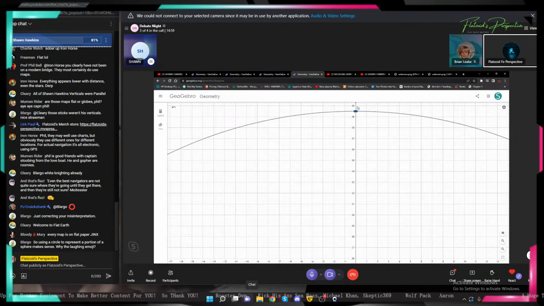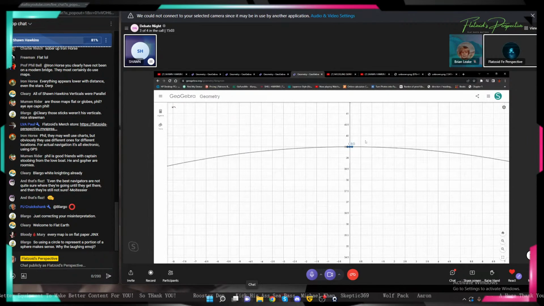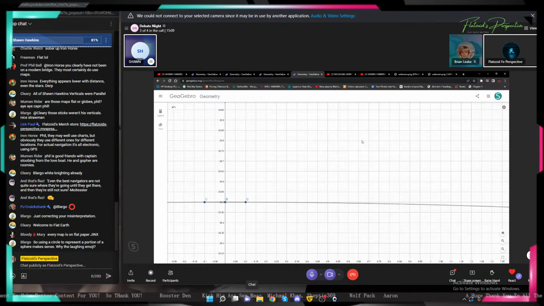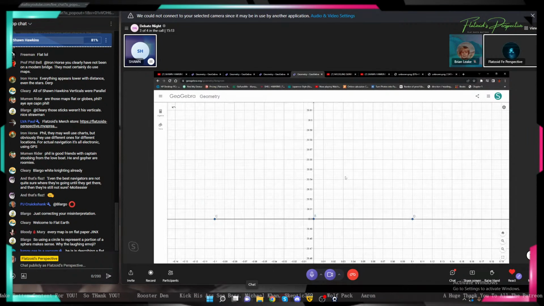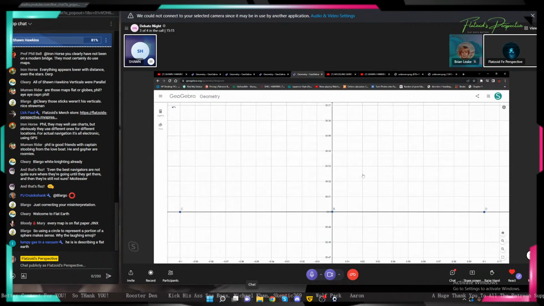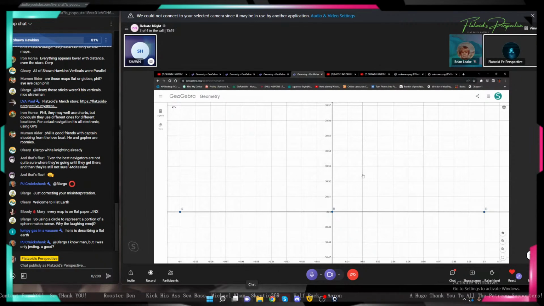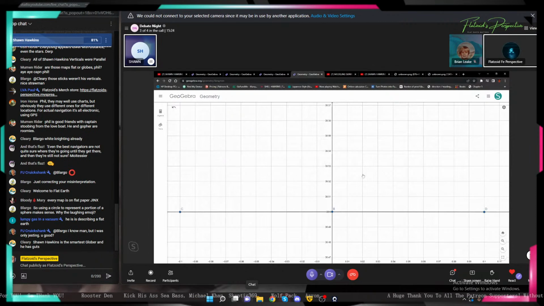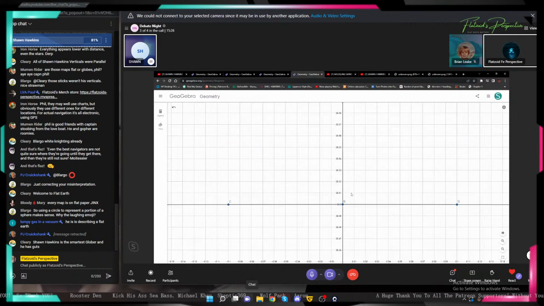So when you say, well, I should see curvature standing on the beach looking at the water, how curved do you think the Earth should look with a radius of 3959? Of course, it's going to look flat, because that's how flat a curve that big looks. So, I think I'm done.